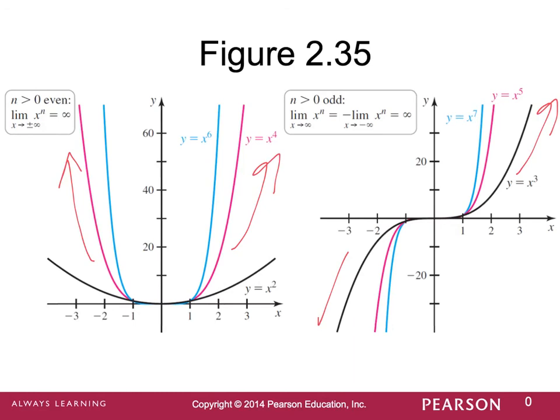And if by chance we have the negative of these two functions, that's the additive inverse, not the multiplicative inverse or functional inverse, but the opposite of an even function, then we're going to approach negative infinity on both sides. And for the opposite of an odd function, it'll be positive infinity on the left and negative infinity on the right.